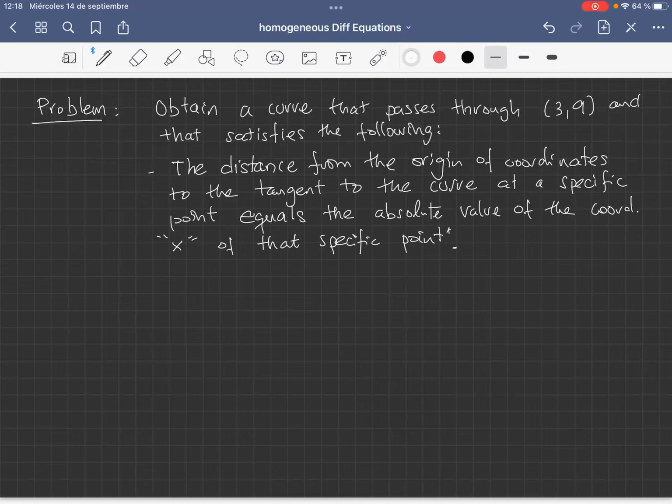Okay, so this basically means something like the following. Imagine that we have a curve, let's say something like this, and it passes through the point (3, 9). Let me paint this a little better so we can put the point exactly.